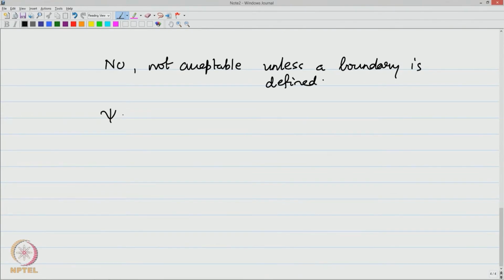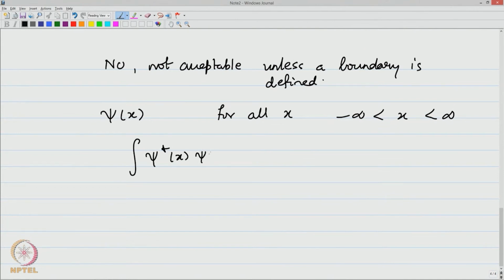If you say psi of x is valid for all x, meaning minus infinity less than x less than plus infinity, then the integral of psi star psi dx from minus infinity to plus infinity will become, even if we take only one of the terms, e to the i k x, the integral from minus infinity to plus infinity of A star e to the minus i k x plus B star e to the i k x. Let us write this as complex, because we do not know what A is, it is a constant.